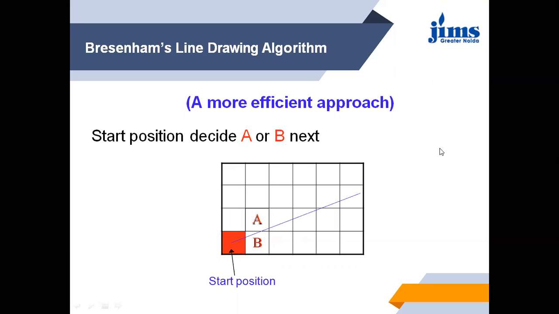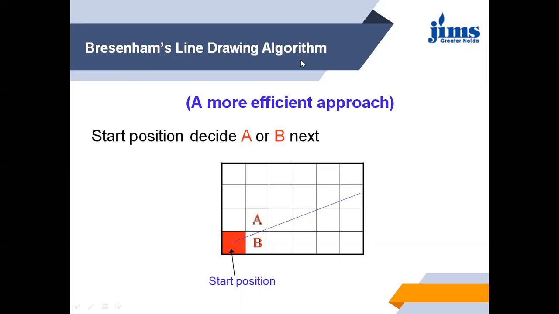We have to find out the value of the next pixel, and for that we have to do a lot of calculations. This is the problem in DDA, that computations are too high. So Bresenham's line drawing algorithm overcomes this. It is a more efficient approach than DDA.